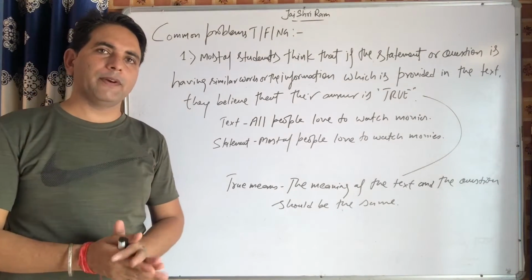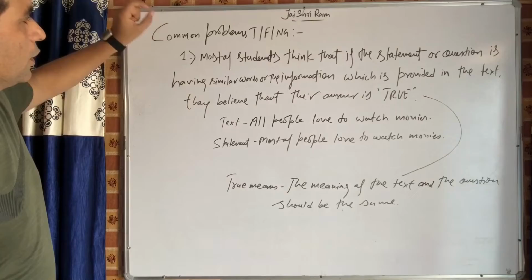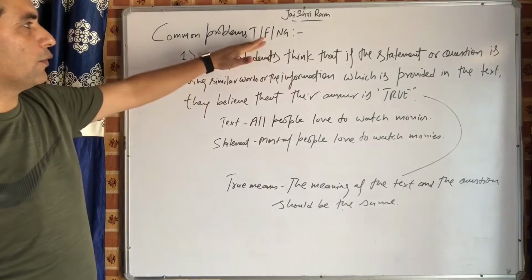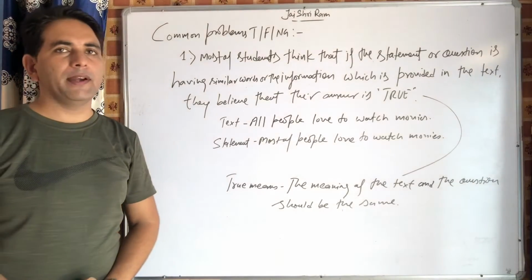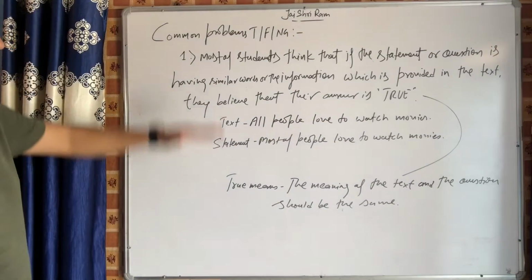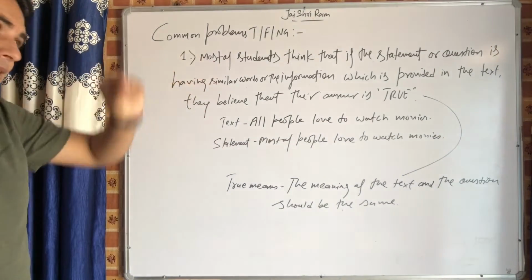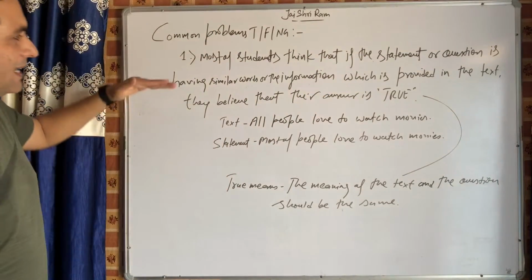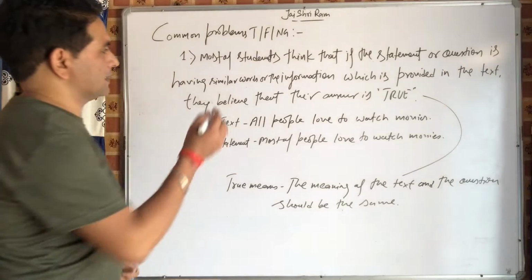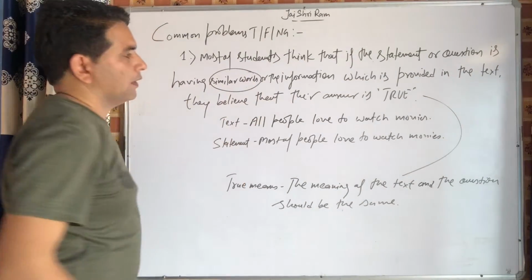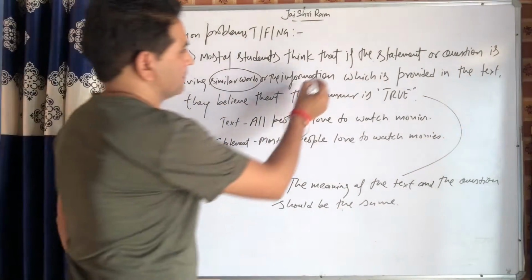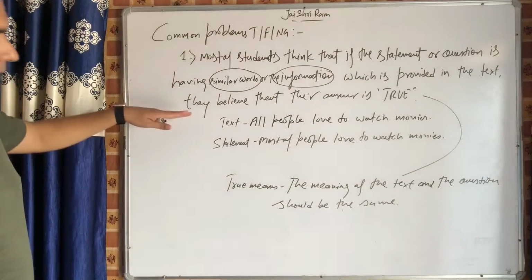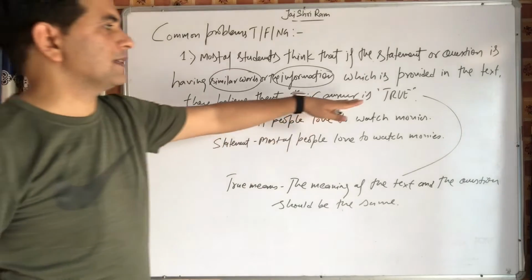Now we are going to talk about some common problems faced while solving true, false and not given in the reading module. First one is that most students think that if the statement or question has similar words or information to what is provided in the text, then their answer is true.